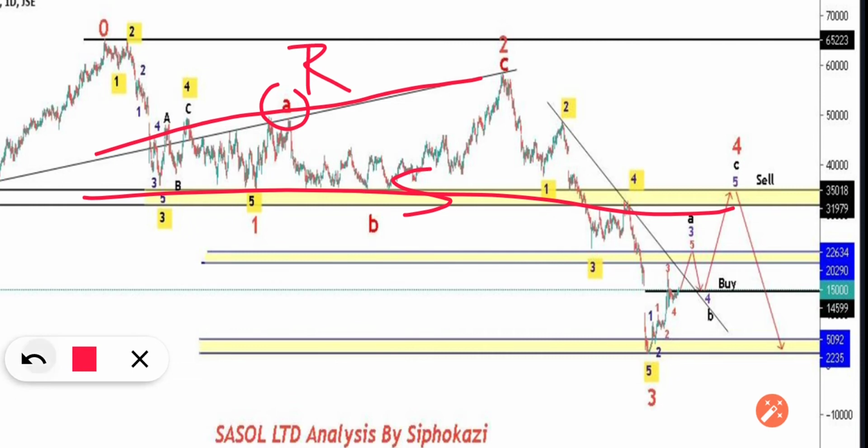Like I mentioned before, a wave 2 takes the form of a correction phase. So after the big red point 2, there was a high probability of the market to break my support zone, but it never did. Instead, it retested and retraced back up again.